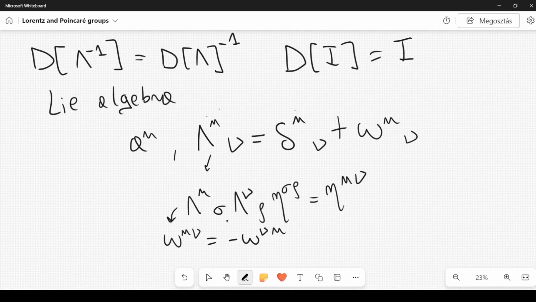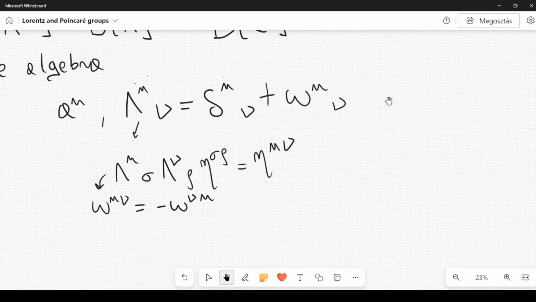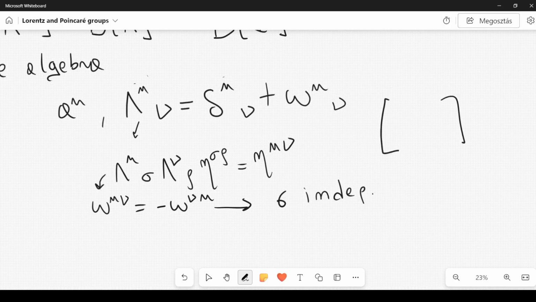And actually it makes sense if you think about it, because an antisymmetric matrix has 6 independent components in four dimensions. If you want to sketch it, for an antisymmetric matrix we have zeros on the diagonal because, for example, ω^00 should be equal to minus ω^00, which means that, of course, ω^00 must be 0.